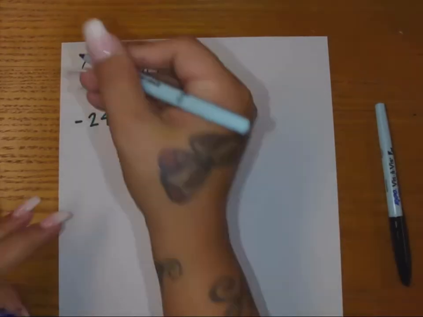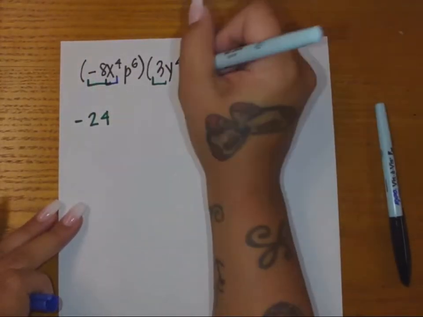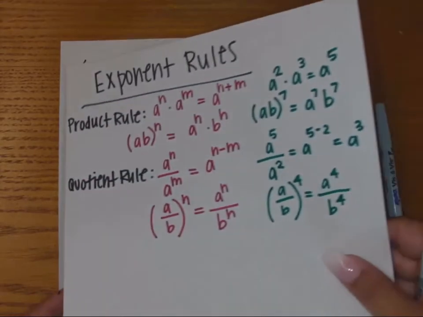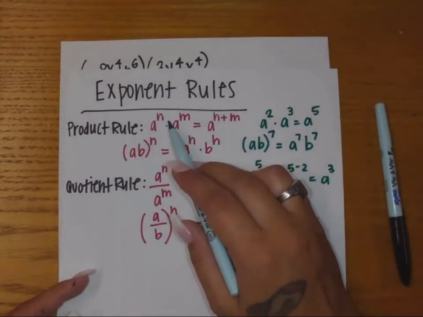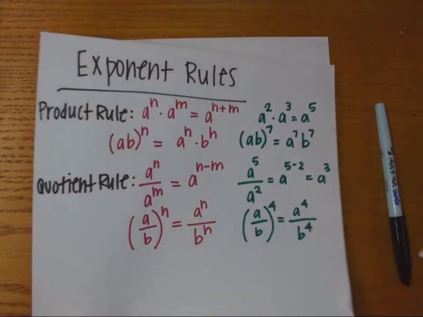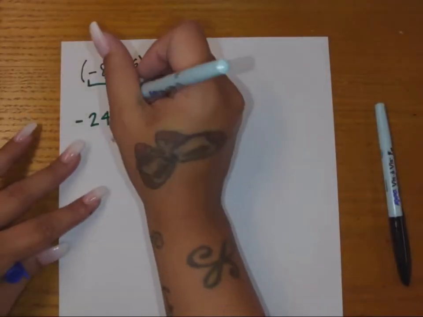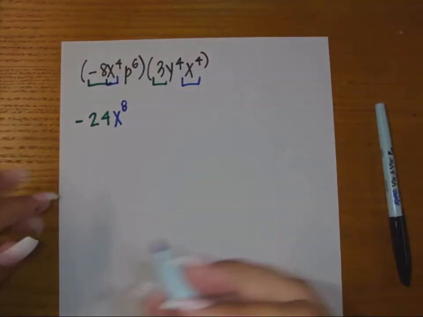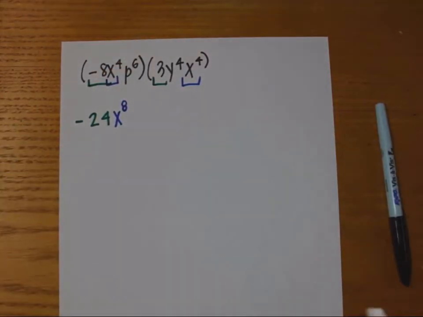And then I have an x to the fourth and an x to the fourth. The product rule says that if you have the same variables and they're multiplying, you keep and you add. So I'm going to keep my x and add and get 8. So x to the 8th.